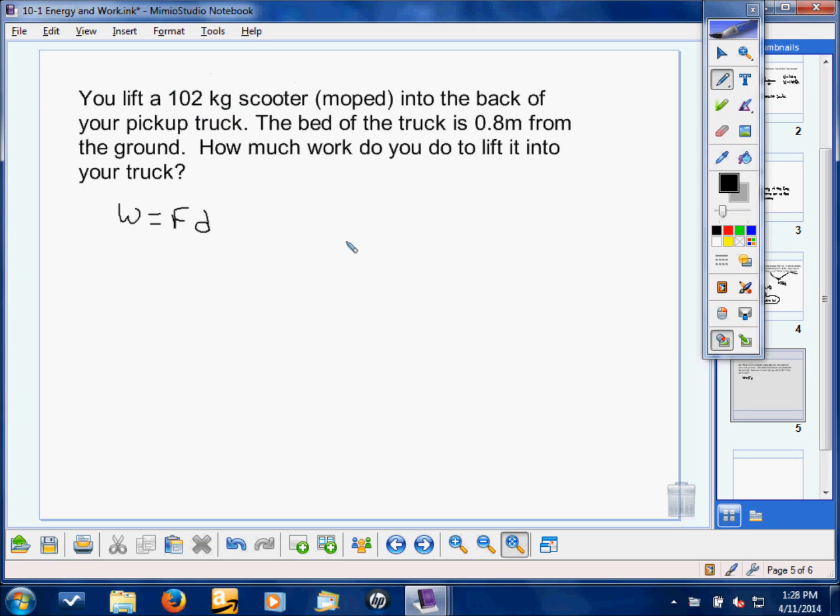Okay, so what force are you going to have to overcome in order to lift this thing up? So you put mass times gravity acceleration. So we actually need to find the weight, or the force because of gravity, on the scooter. So Fg, if you remember from the other chapter, is mass times little g, which is 9.8.